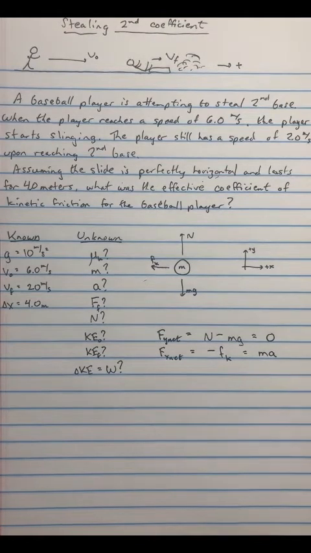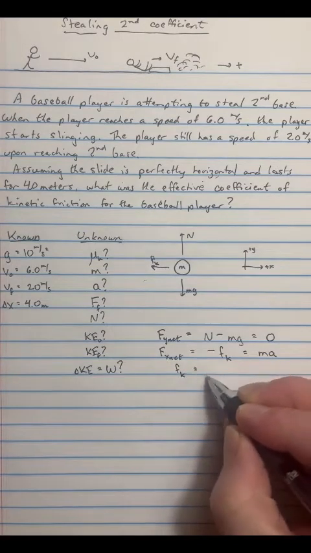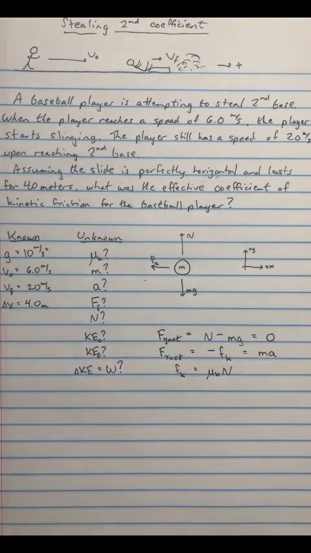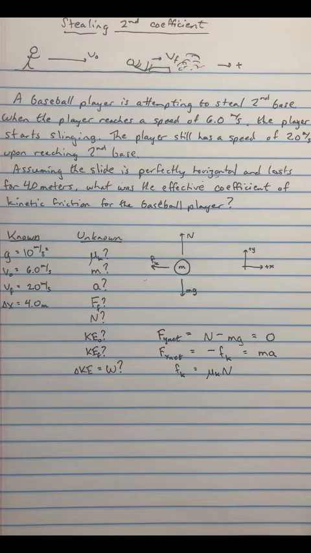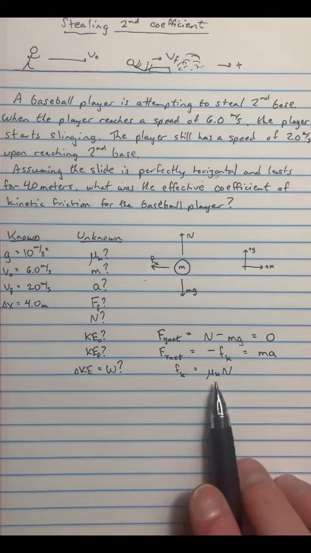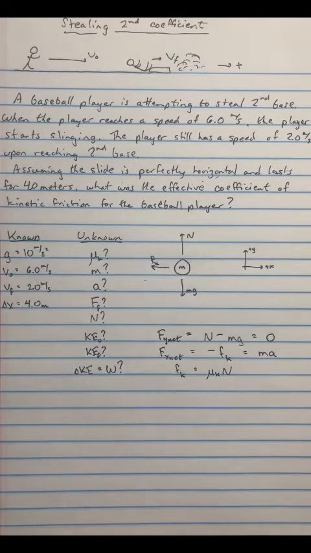The last equation that we need to introduce is the relationship between friction, coefficient of friction, and normal force. That particular equation, which is not a sum of forces equation, just a relationship between friction and normal, is this: kinetic friction equals the coefficient of kinetic friction multiplied by normal, like that.